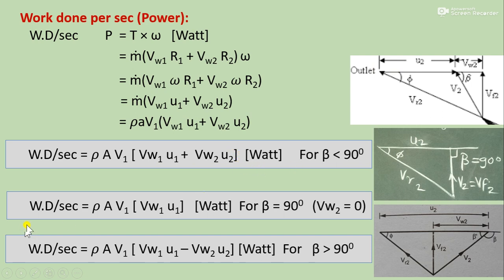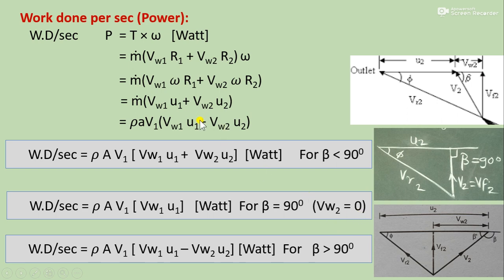Now the second case, when the beta angle is 90 degrees. In this case, we say the discharge is radial. What happens when beta is 90 degrees is that the V2 component overlaps on Vf2, meaning V2 and Vf2 are identical, and the point shifts so that the length of Vw2 becomes 0, meaning Vw2 is 0.